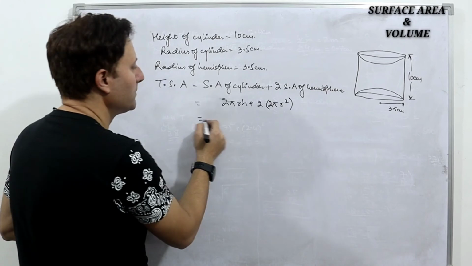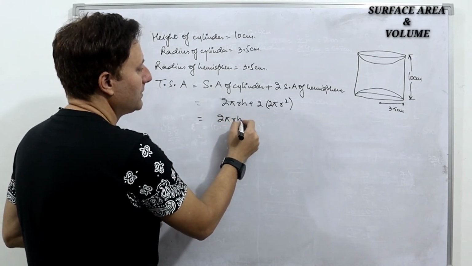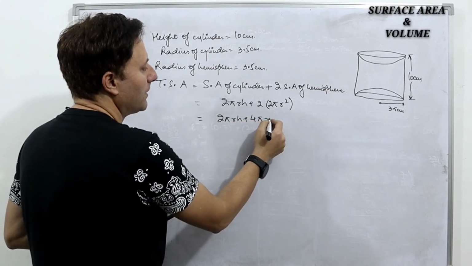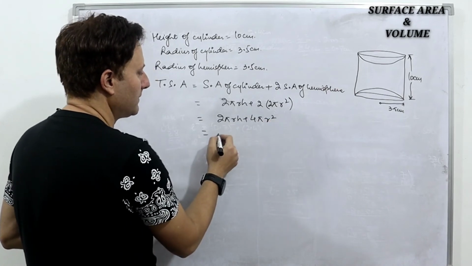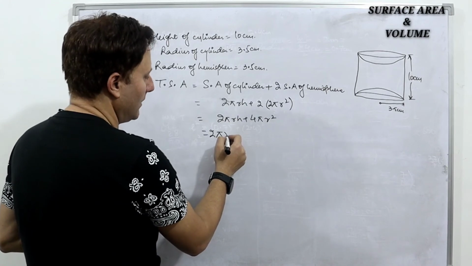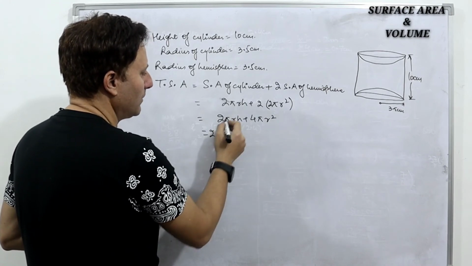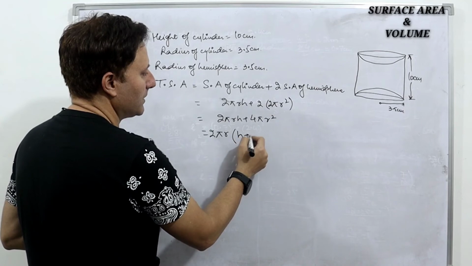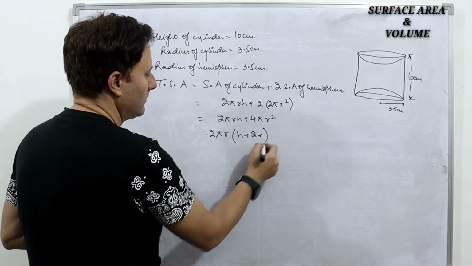So it becomes 2 pi r h plus 4 pi r square. Let's see if we can take things common, that is pi, even the 2 and r. So now what do we have? 2 is out, pi is out, r is out, h plus 2 r.